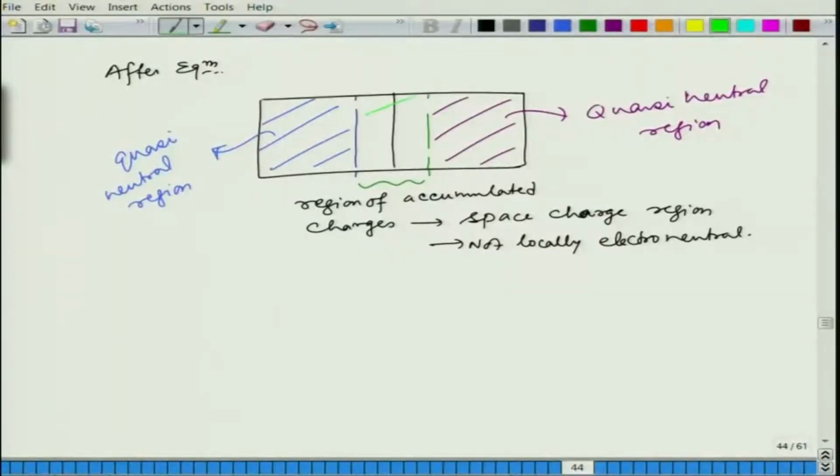Only accumulated charge will be here in this space charge region. So, we have the space charge region here, and one quasi neutral region on each side. The space charge region is sandwiched between these two quasi neutral regions.